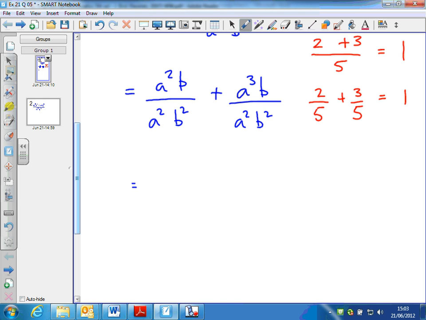Dividing a squared by a squared is the same as a to the 2 minus 2, which is a to the 0, and anything to the 0 is just 1, so the a has disappeared. For the b term, b to the power 1 divided by b squared is b to the 1 minus 2, which is b to the minus 1. Plus a cubed divided by a squared: 3 minus 2 is 1, so that leaves me just a to the power 1, or just a, and then b divided by b squared gives me b to the minus 1.